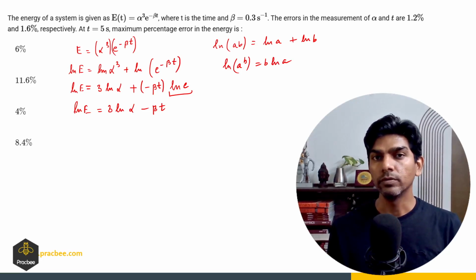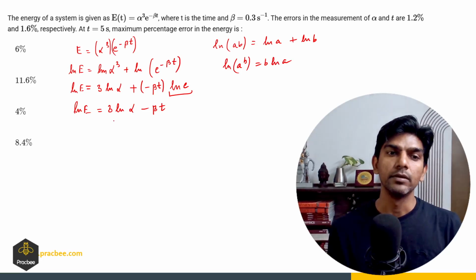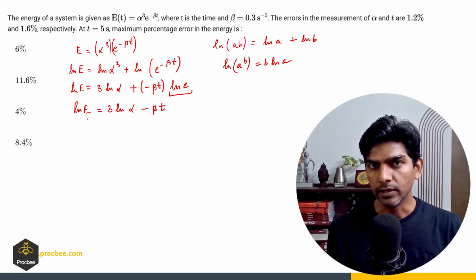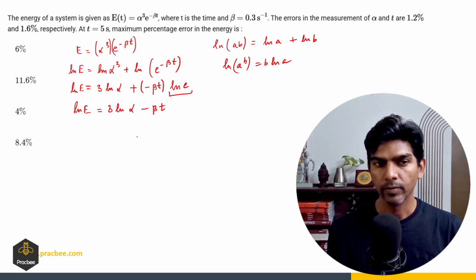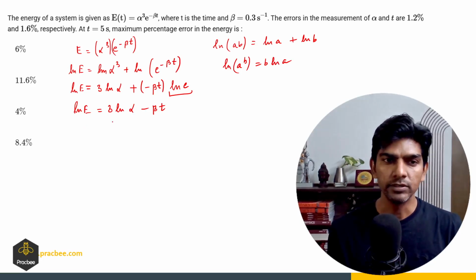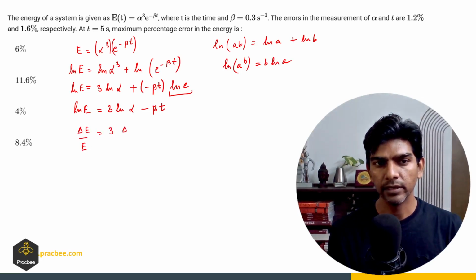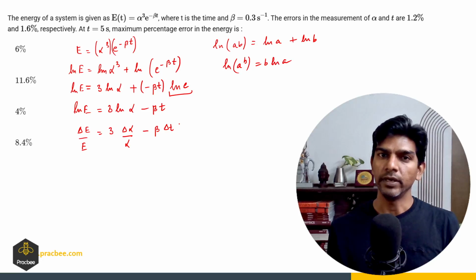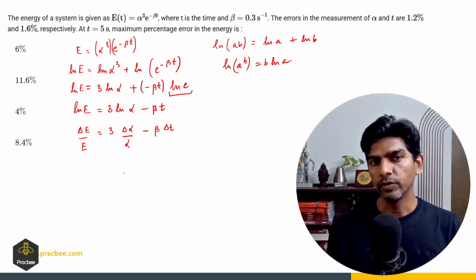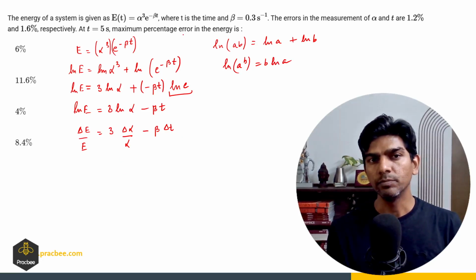Now we'll differentiate this. If I differentiate ln E, it will be 1 by E. Doing partial differentiation, that becomes delta E divided by E, and this can be written as 3 times delta alpha divided by alpha, and this as minus beta times delta t. Now we have to find the maximum percentage error.